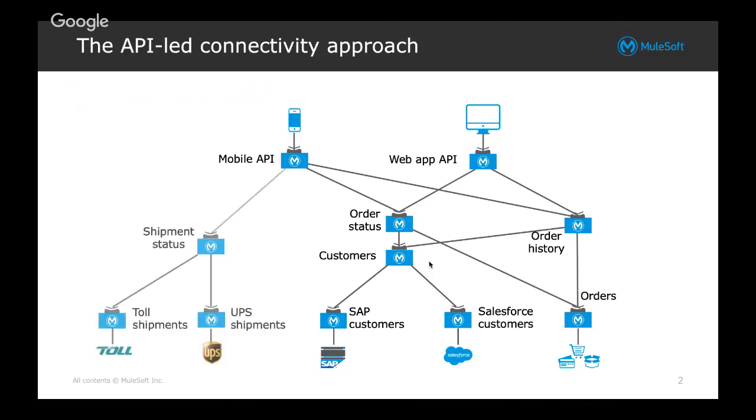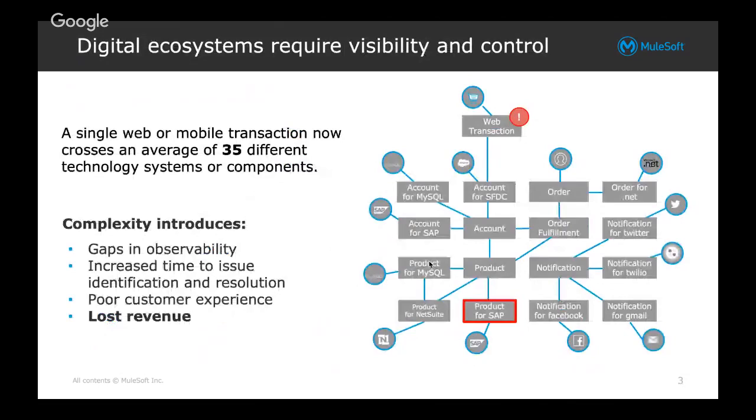As and when you add more and more consumers, your API network will grow. Over time, it becomes a challenge for any customer to manage those APIs. This is the new picture that any customer will see when they have started creating these APIs over a period of time.